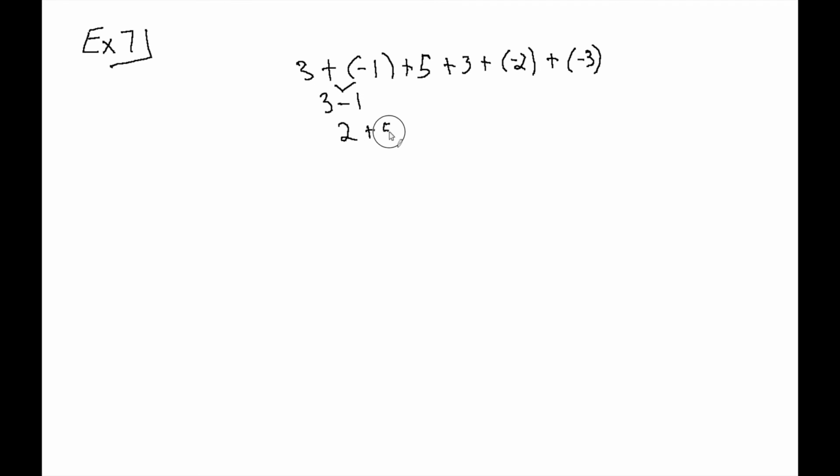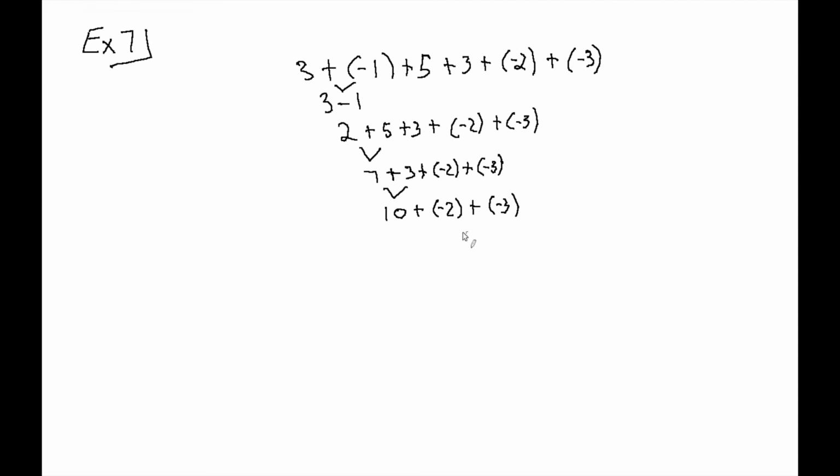Then bring everything down, we get 2 plus 5 plus 3 plus negative 2 plus negative 3. Now let's do the 2 and the 5 together. We can add those together. We get 7. We can bring down the 3 and bring down the other values for negative 2 and negative 3. Let's add the 7 and the 3 together. We get 10. Bring down the negative 2 and the negative 3.